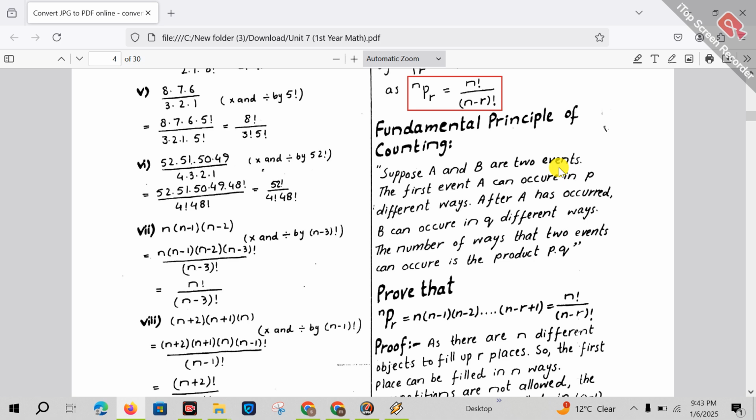Here the experiment is that we are tossing a coin, and the result is in the form of head or tail. Now our outcomes are head and tail, and we put these outcomes in the form of a set.